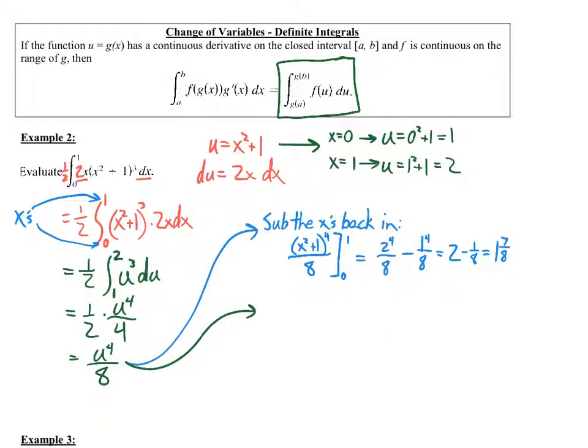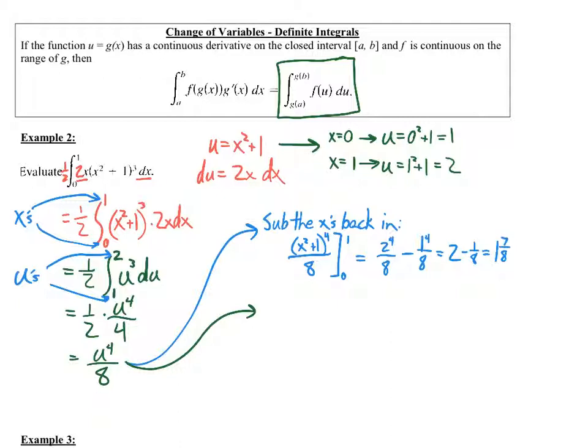Once I substitute u in, notice 0 to 1 changes to be from 1 to 2. So right there and right there, those are u's.